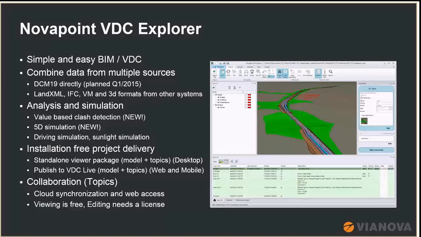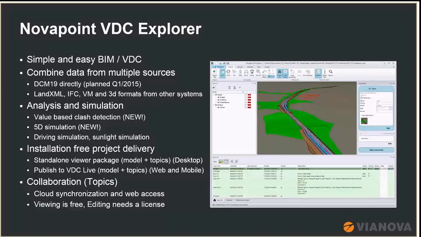The collaboration part in VDC Explorer is two-way. Either you can export this model as a standalone package with all the information attached to the model, all the topics and all the comments, all the 5D and clash results, that you can deliver to your customer. It doesn't require any installation, so it's an easy delivery package.